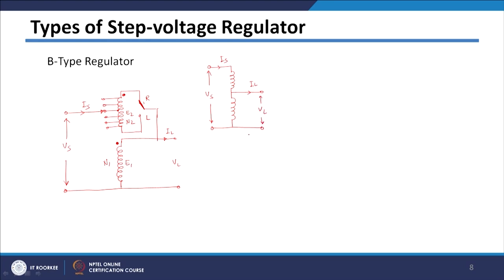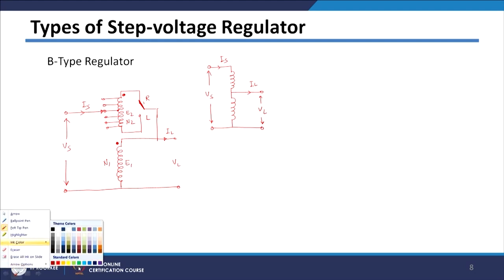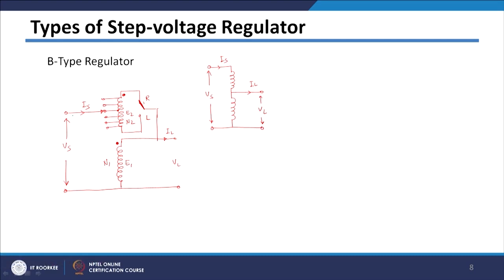Now, if you observe the dots here, when Is is coming from this side, I will just take a different color. So, you understand, the current is coming here and then going in, and then from this side both the currents are getting added and then going like this. If you observe the dot, it is on the opposite side of the winding.